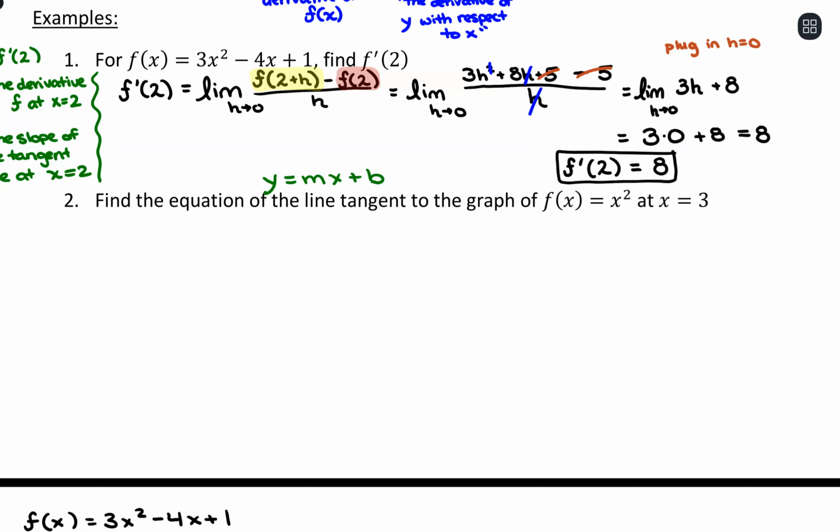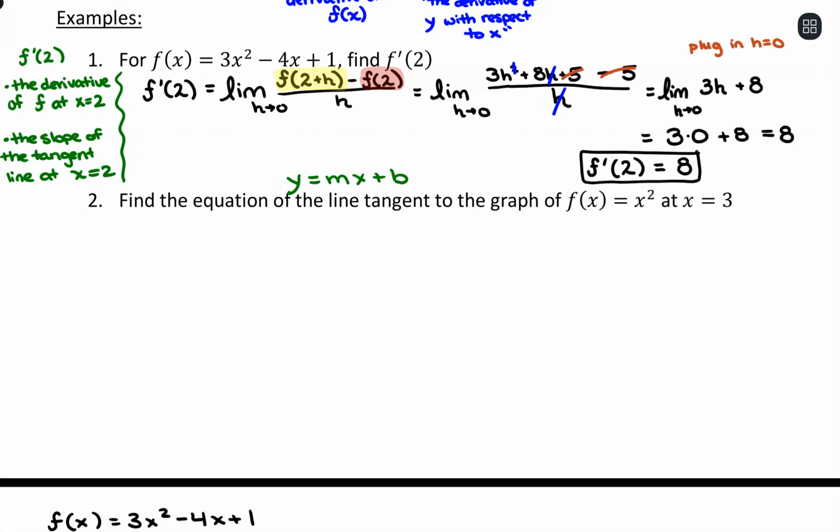To do this, we need to find the slope, and that slope is going to come from the derivative. So the m is going to equal the derivative of our function f at x equals 3. And then we could find b by plugging in a coordinate.